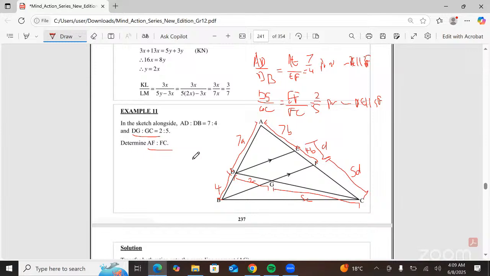So the EF is 2d. Oh, okay, I left some. Yes, thank you. And then now we are here. We watch that ratio. What do you think?